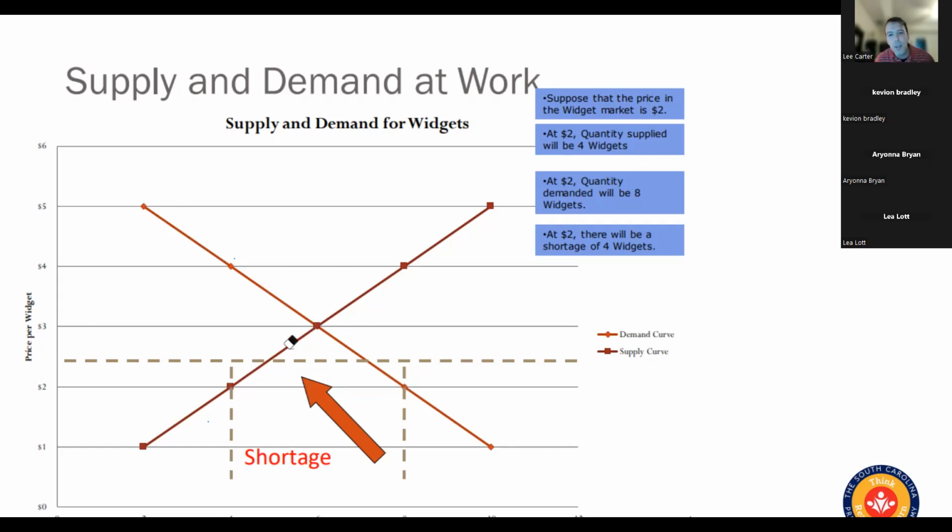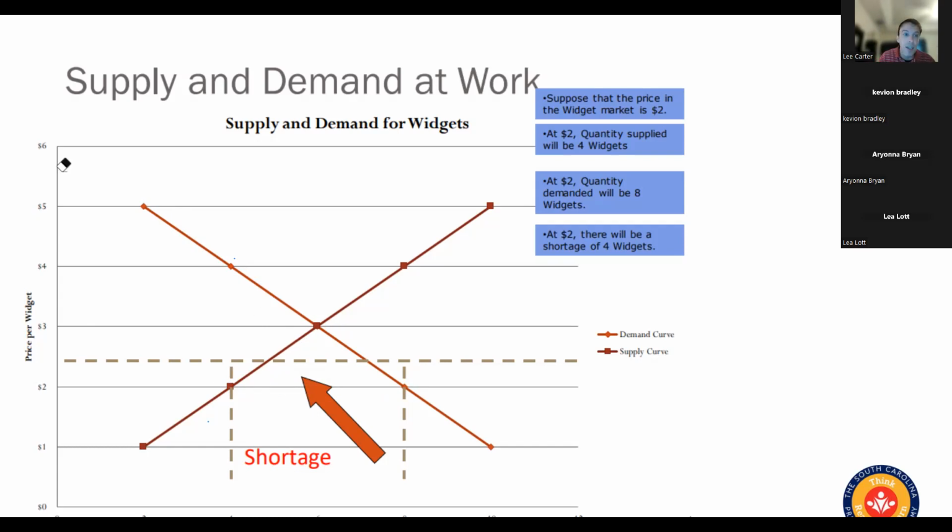Which is also why, for example, if I say they charge too much for chicken sandwiches at Chick-fil-A, well, clearly they don't, because almost everybody buys them. I am not going to buy them at that price, perhaps, but somebody else will. So the price is not too high.